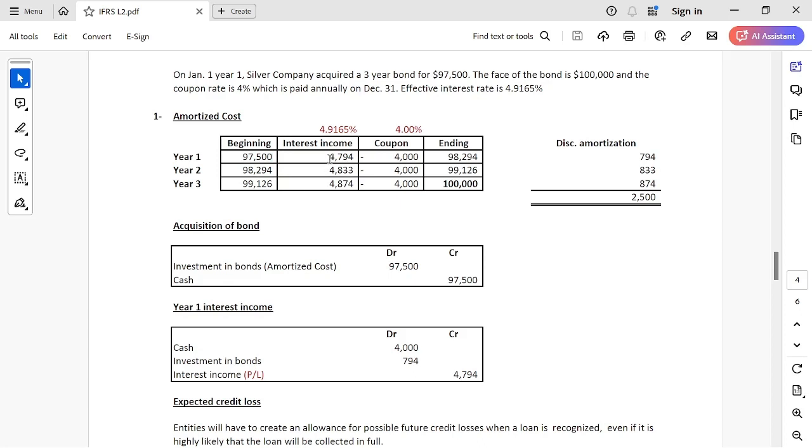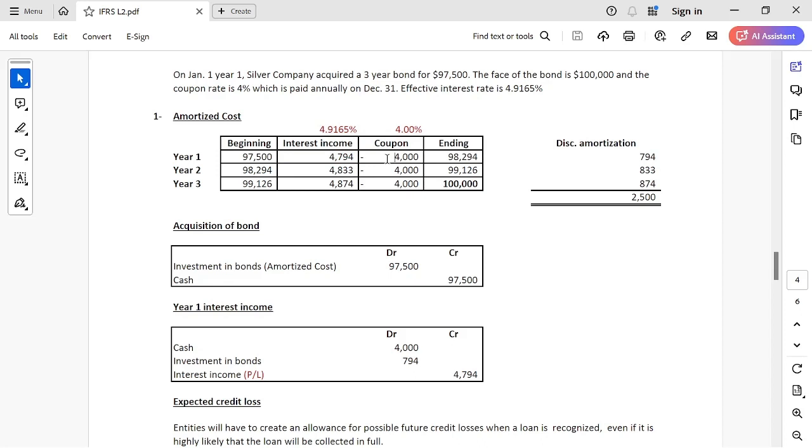It's the interest income calculated at the effective interest rate of 4.9165% annually, which is going to be 4,794. Think of it as an investment or a savings account or something. So you invested this amount, a full year has passed, you are entitled to interest at this percentage, so it's increasing the value of the money in your savings account.